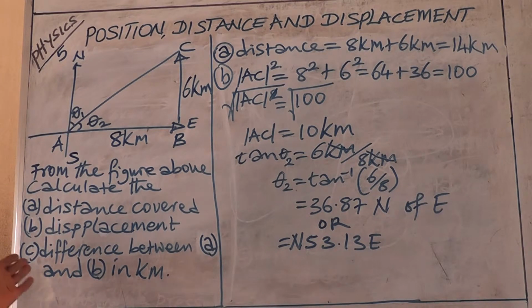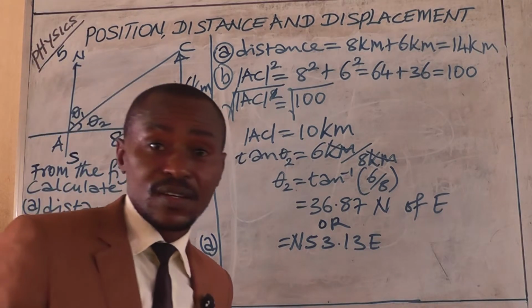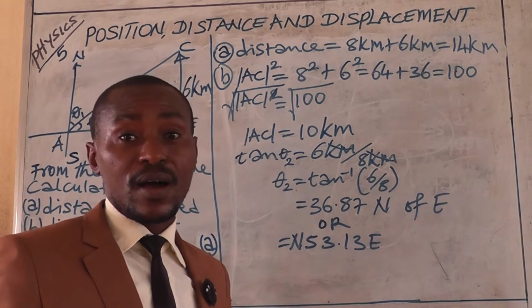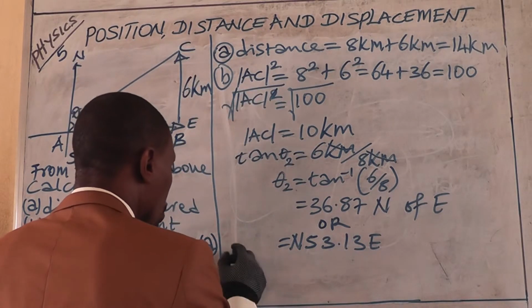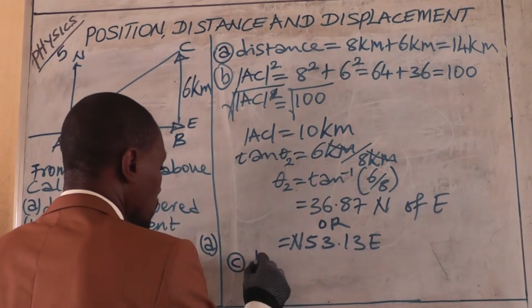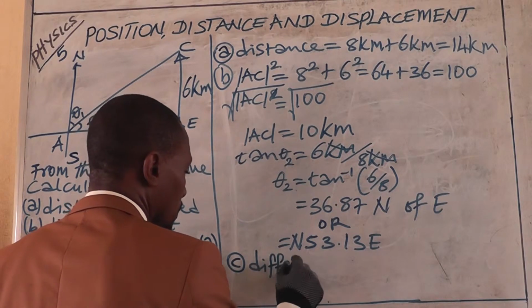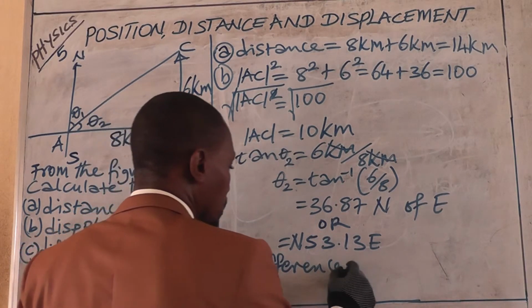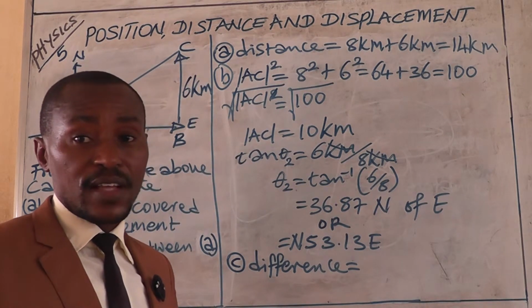Then, finally, we're asked to calculate the difference between the distance and the displacement. When we say difference, they're talking about subtraction. So, the third part, which is C, difference will be equal to, like I said earlier, generally the distance value is always higher.